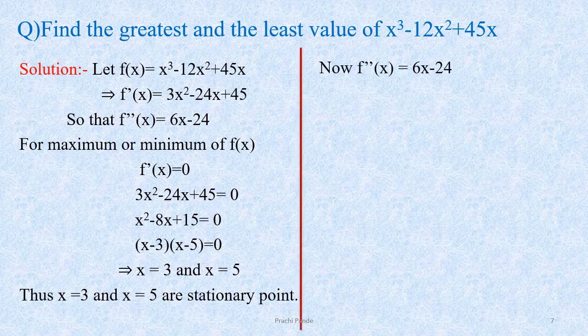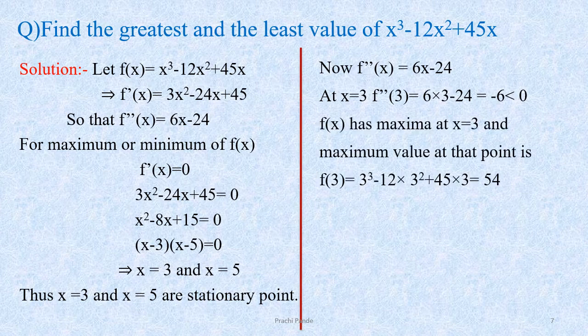Now, we'll check the value of f double dash x, which is equal to 6x minus 24, at these stationary points. At x equal to 3, f double dash 3 is equal to minus 6, which is less than 0. So, f of x has a maxima at x equal to 3 and the maximum value at x equal to 3 is 54.